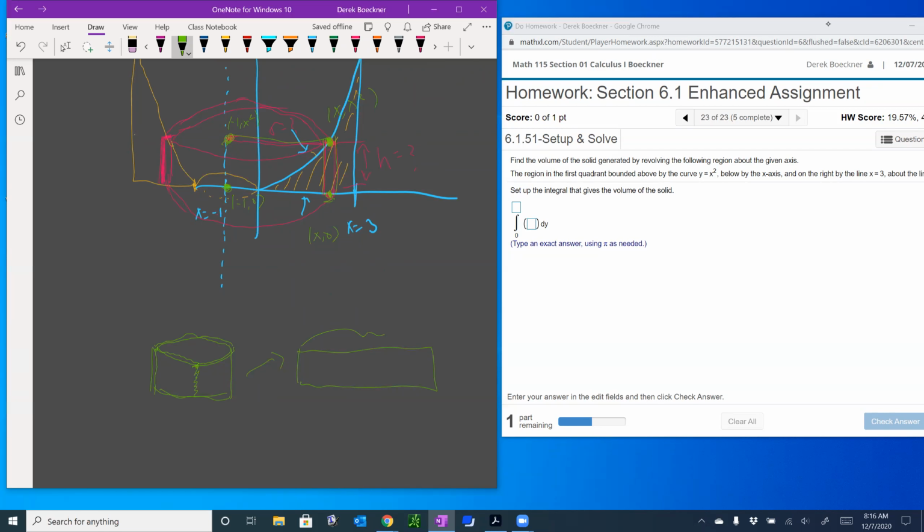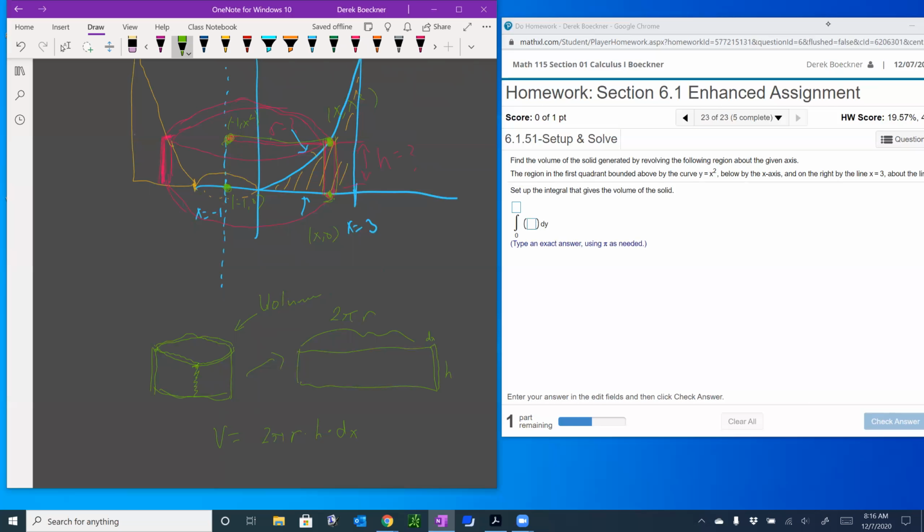And this will be the circumference of the pipe. So this will be 2 pi r, but the height's still going to be the same. And then the depth is going to be dx deep. So the volume of this thing is 2 pi r times h times dx in this case.